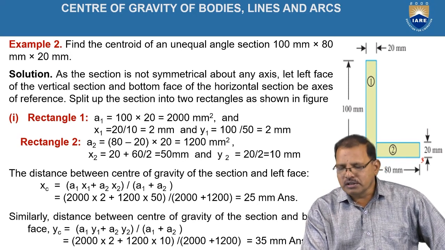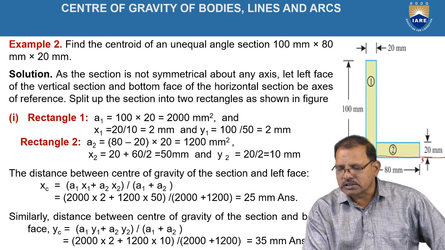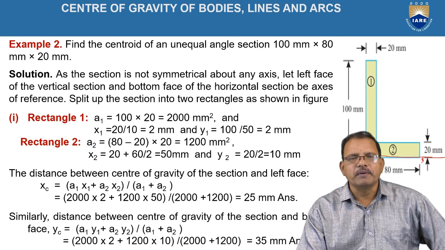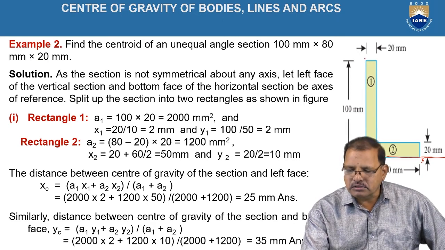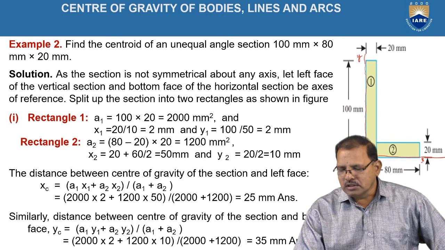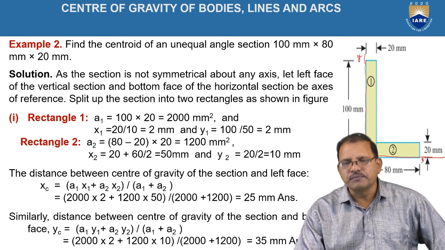The y-axis is taken as the extreme left position, perpendicular to the x-axis we selected. So we have to represent the coordinates of the centroid with respect to the x-axis and y-axis.